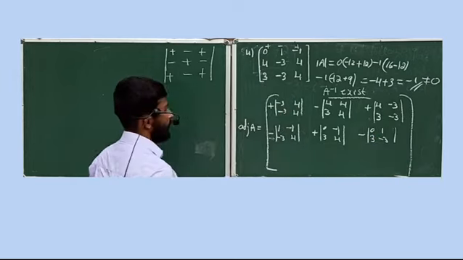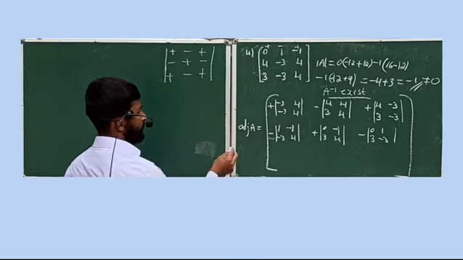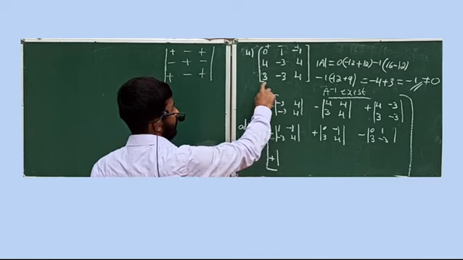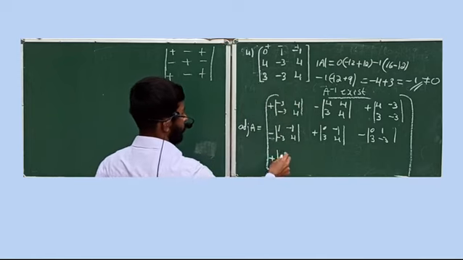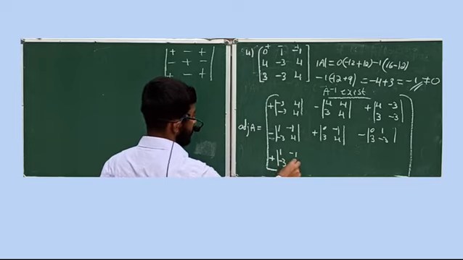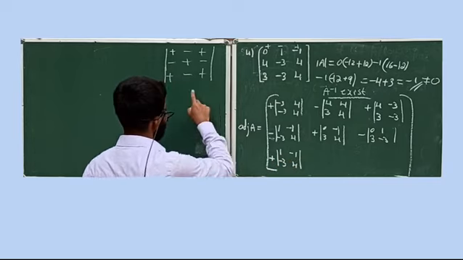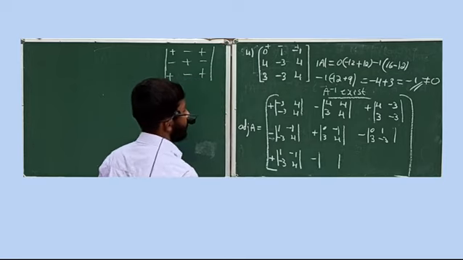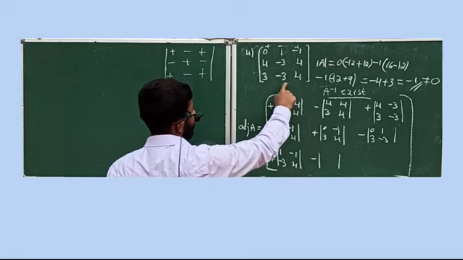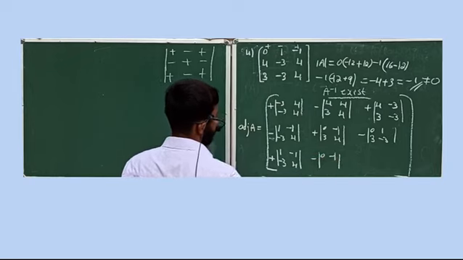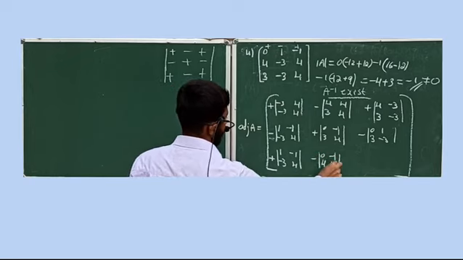Okay, then last row entries, see plus is there, plus determinant, third row and the first column, 1, minus 1, minus 3, 4, then minus determinant, third row and the second column, you will get 0, minus 1, 4 and 4.